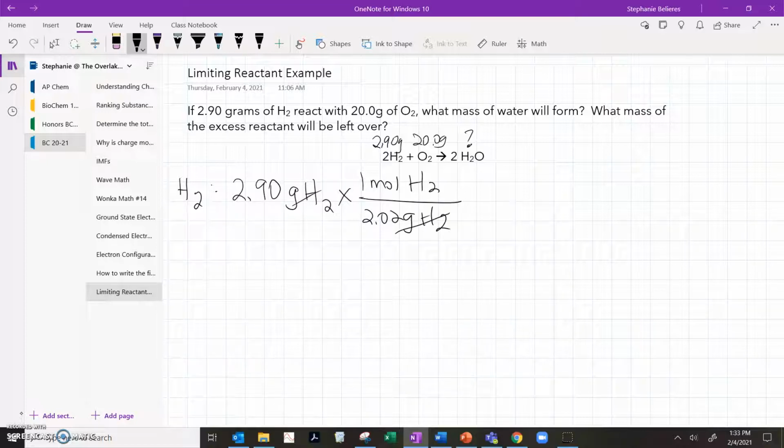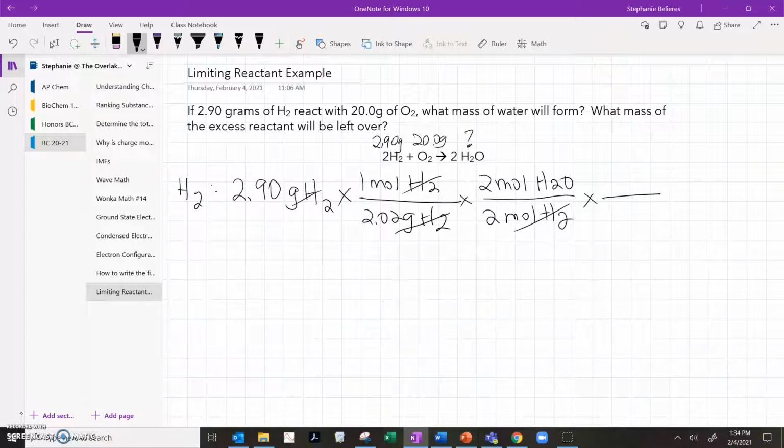Now I'm left with moles of hydrogen. So now I'm converting, if I have that many moles of hydrogen, how many moles of water would I produce? And it's a 2 to 2 ratio here. So I'm going to have moles of water in the numerator such that my moles of hydrogen can cancel the previous step.